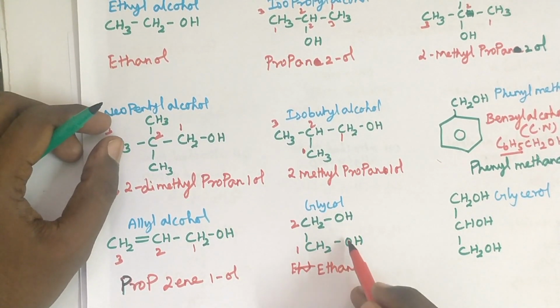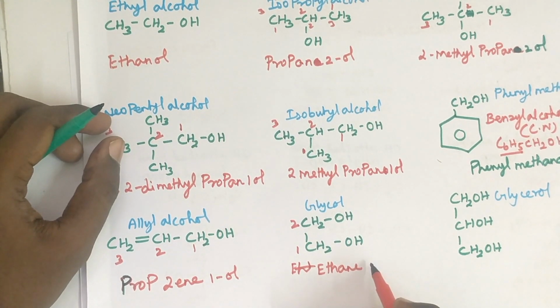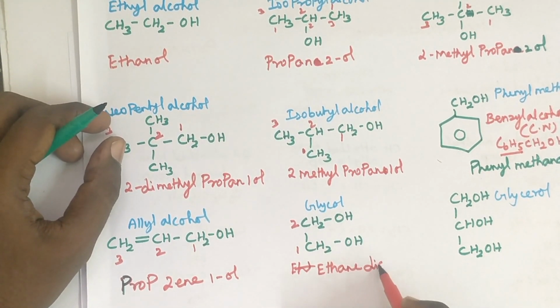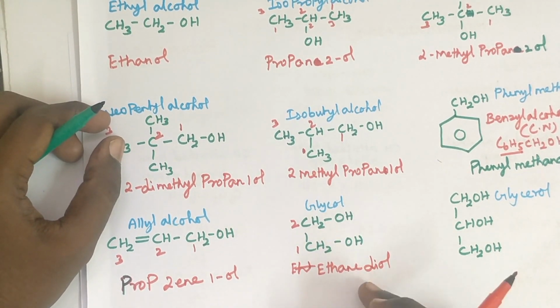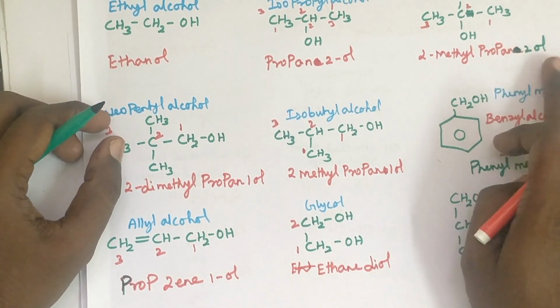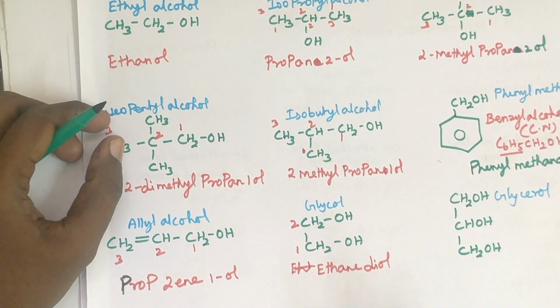If it is 2 alcohol, you have to mention diol. If you write diol, you don't need to replace this E. Only for monohydric alcohol writing you have to replace E, add OL. In case of di or tri, straight away you have to write diol. No need to replace this E.